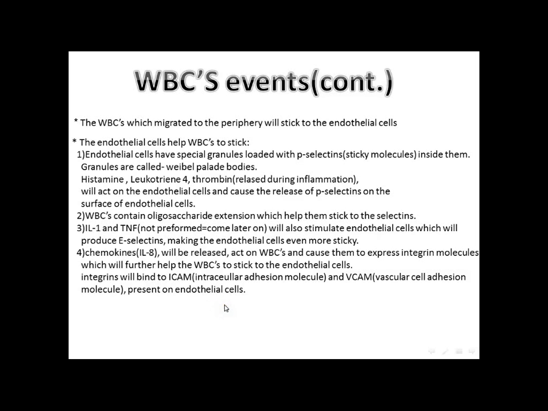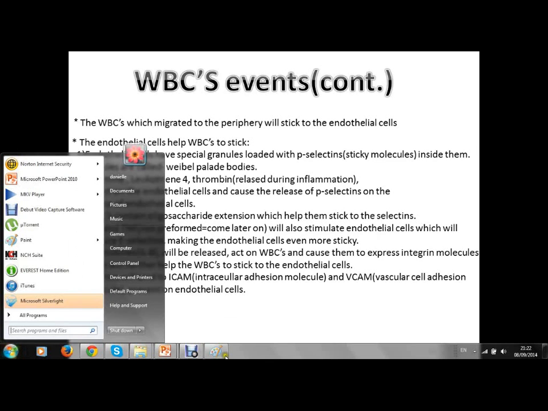Next thing is interleukin 1 and tumor necrosis factor. If you remember, we mentioned them previously as cytokines. They are not preformed, they come later on because it takes time to synthesize RNA, translate it to proteins and so on. So they will stimulate the endothelial cells and they will produce E-selectins, which will make the endothelial cells more sticky. So what does it mean?